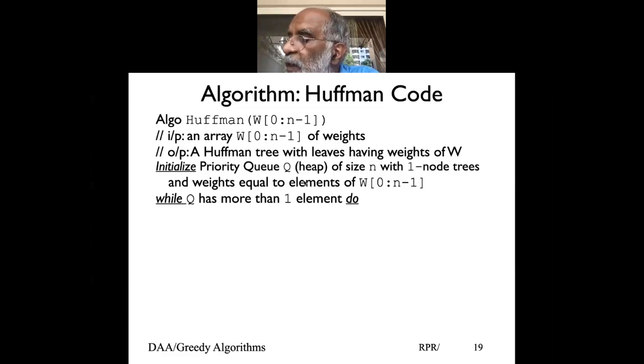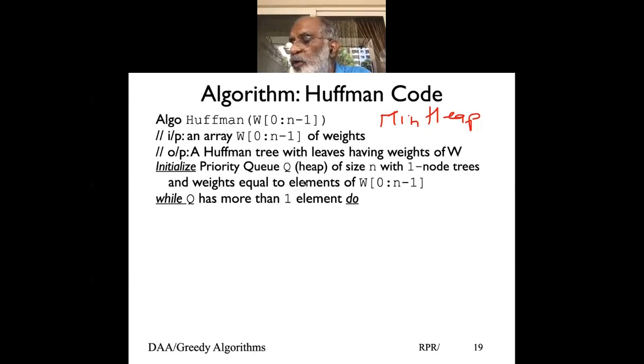Basically, if we look at each node as a tree, we make them a priority queue, which is basically a heap. And we build what is called a min heap. Either it's a min heap or a max heap. Min heap means my root, a node, would always have a value less than its children. That means the root node would have the lowest value, and so on and so forth.